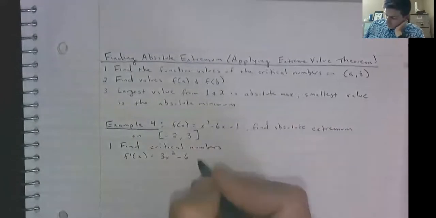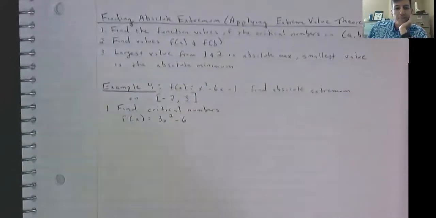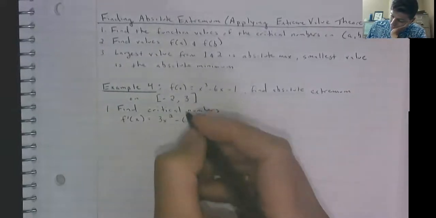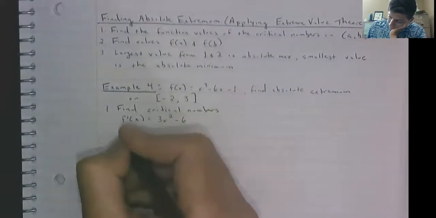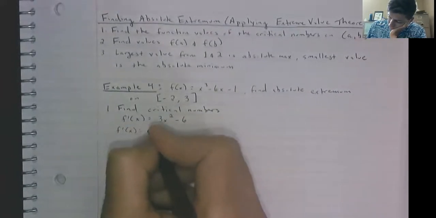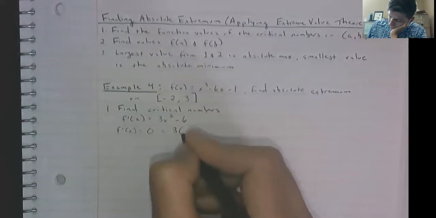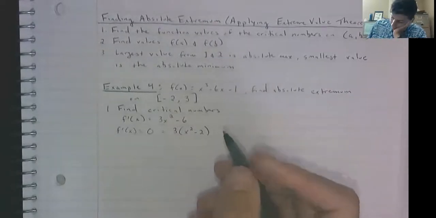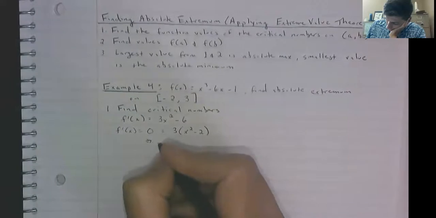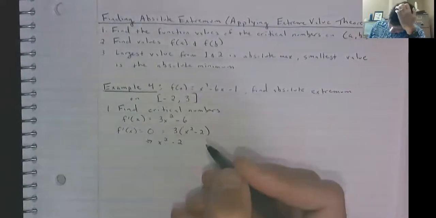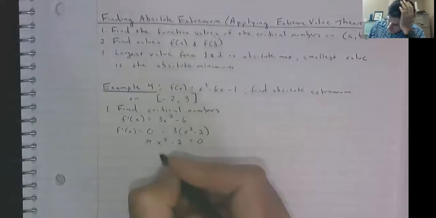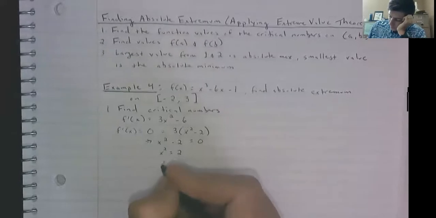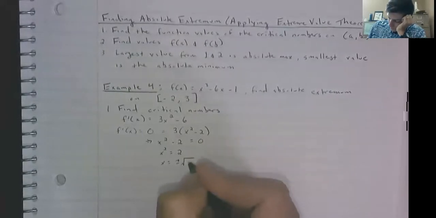And if we want this equal to 0, because there's not any non-existent places on a polynomial, then 3 times x squared minus 2 equals 0. Which means we want x squared minus 2 equal to 0, so x squared equal to 2. In other words, we want x to equal plus or minus the square root of 2.